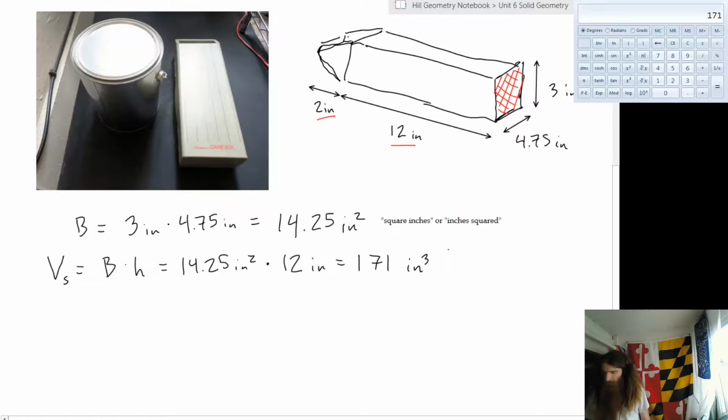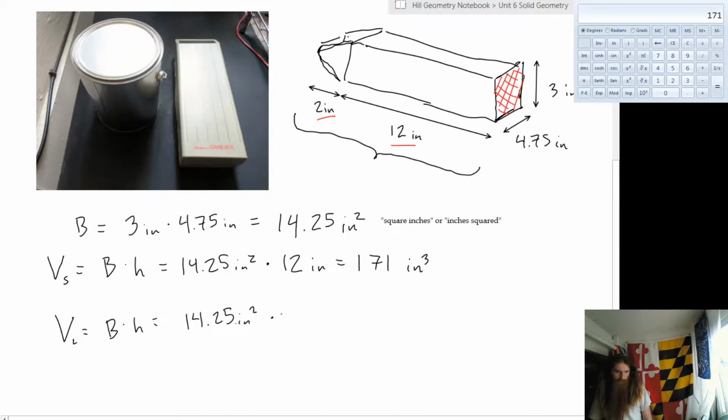All right, so that's the smallest possible volume. For the largest possible volume, we will put a little subscript L for large. We'll use base times height. The base is the same, 14.25 inches squared. And the height this time, we're going all the way across. So I'm adding the 2 and the 12 to get 14 inches.